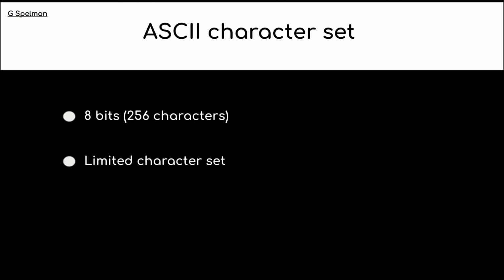That's actually not a lot when you think about uppercase, lowercase, all the punctuation, lots of different languages, emojis and so on. 256 is not going to cover everything. However, it has been around since the 60s, so it has served its purpose.